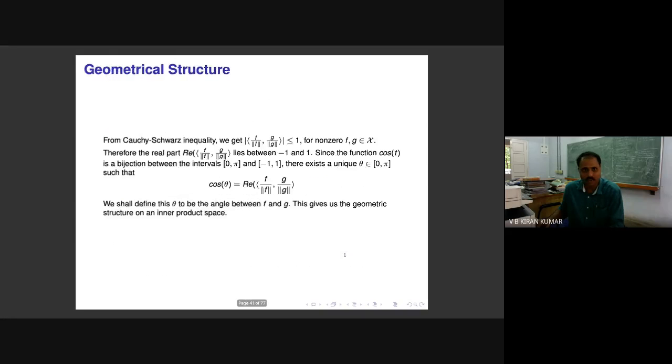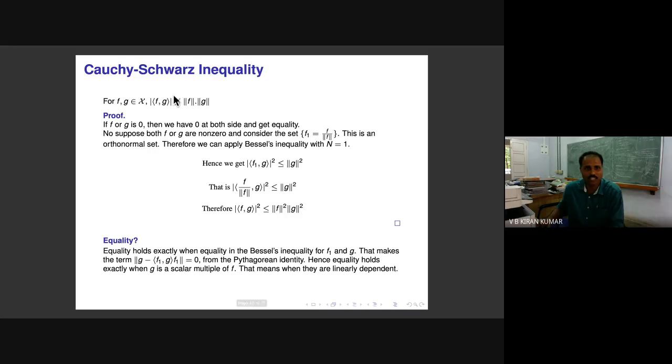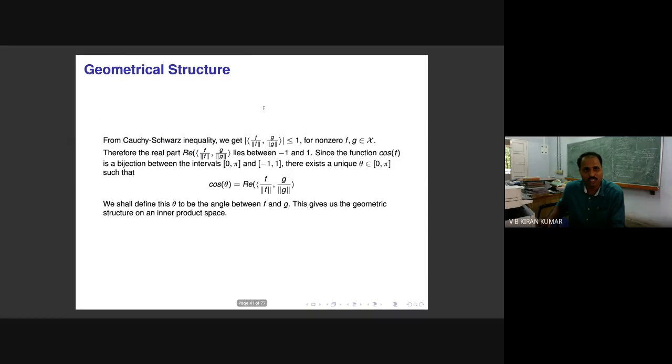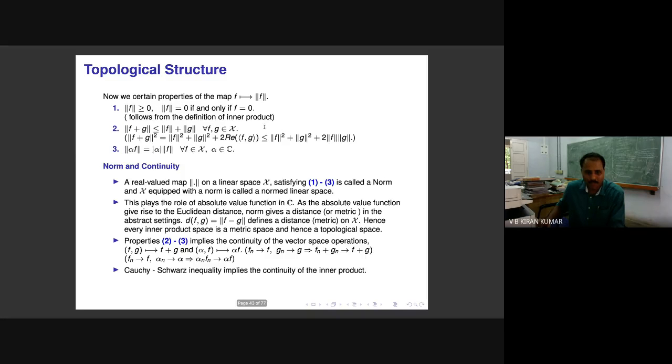See, you just go back to the Cauchy-Schwarz inequality. Yeah, look at this. So you treat the inner product as a function. So f_n converges to f and g_n converges to g. From this inequality, you will get that the inner product of f_n and g_n will converge to the inner product of f and g by the simple triangle inequality. So what you have is that the inner product is also continuous with respect to the norm.